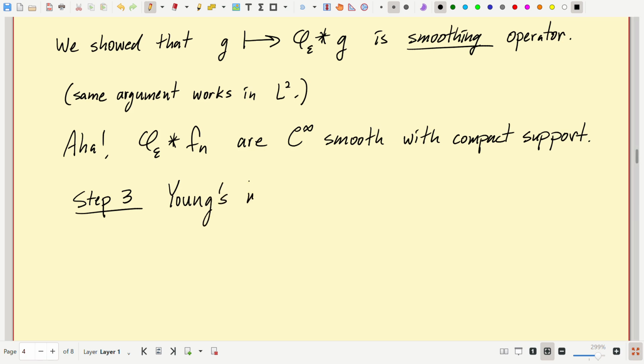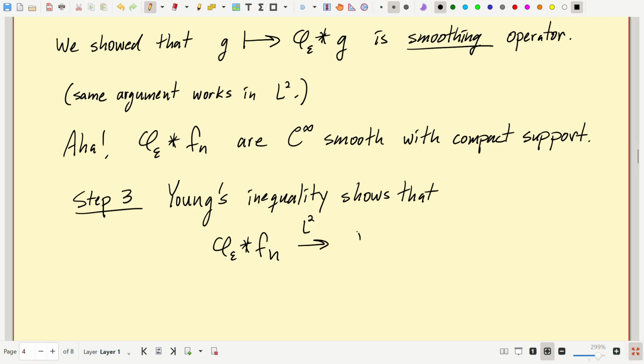So Young's inequality shows that my phi sub epsilons convolved with Fn's converge in L2 to Fn as epsilon goes to 0.